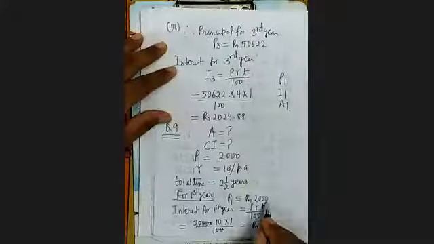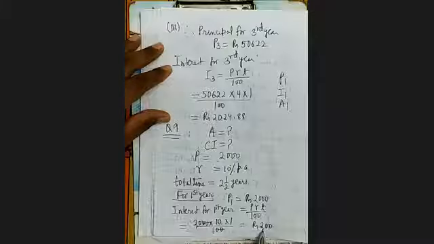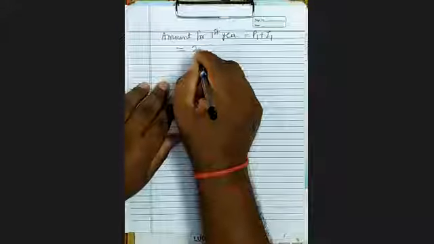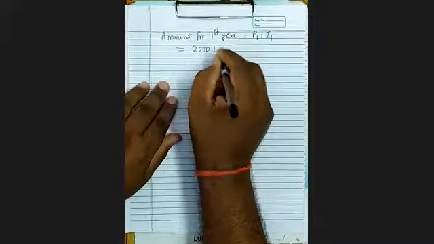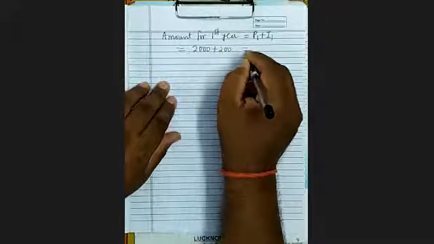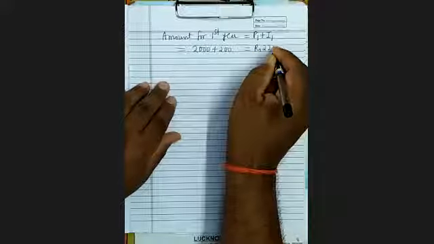What is P1 here? P1 is 2000, I1 is 200. So it is equals to 2000 plus 200. That is ₹2200.